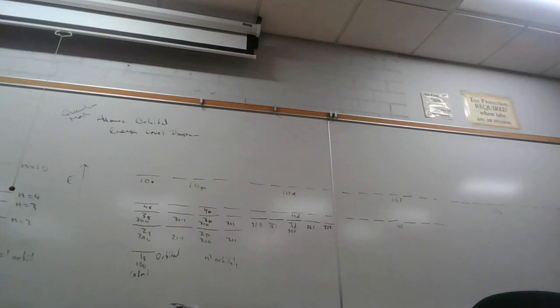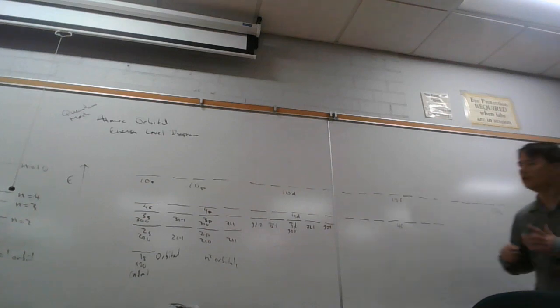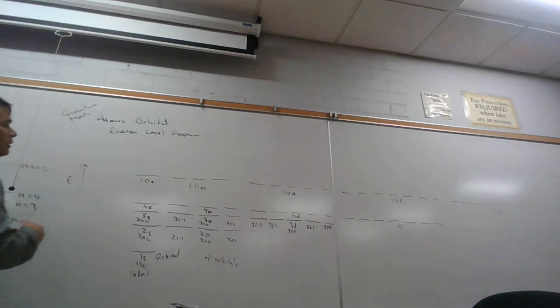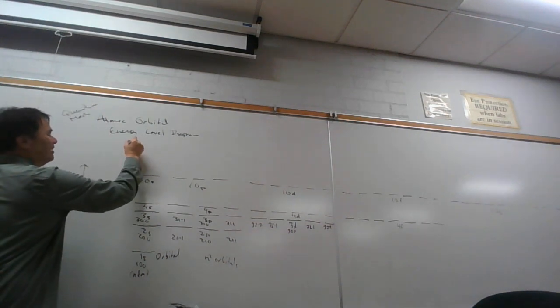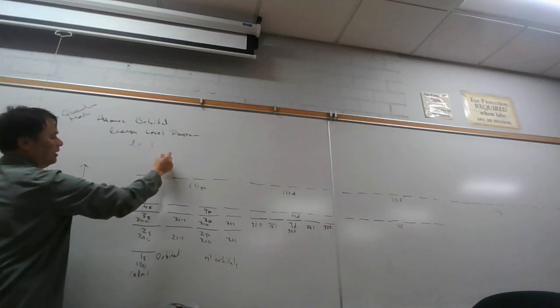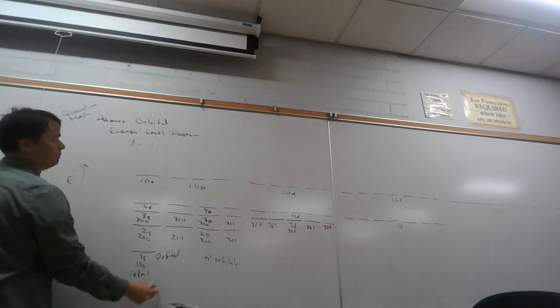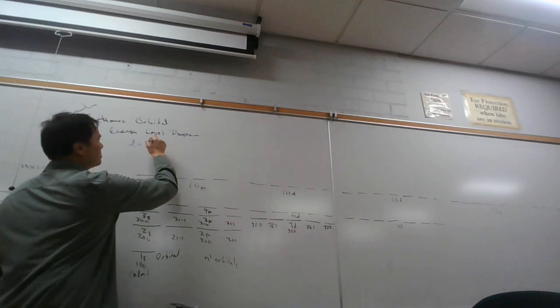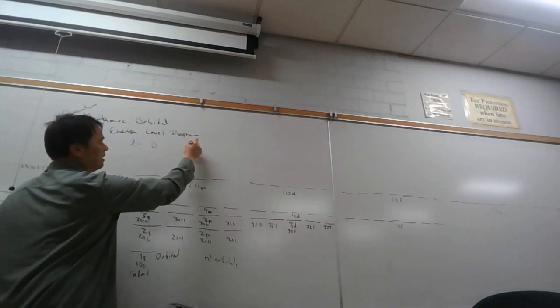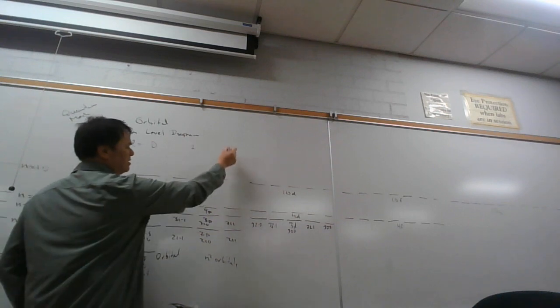Okay, we're going to do it a little differently now. If we look at the L's, we can figure it out, because each sublevel will have a different L. When we look at the first sublevel, L is equal to 0. The second subshell or sublevel, L is equal to 1.